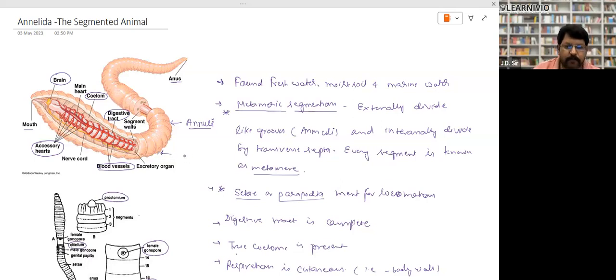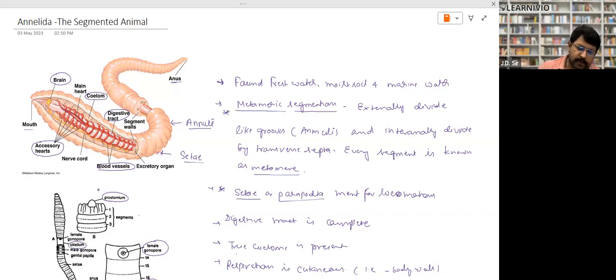These outgrowths are found at the lower surface, and they are called setae, also known as parapodia. They provide friction, and with their help they can crawl on the ground. So it helps them in locomotion. Is it clear?